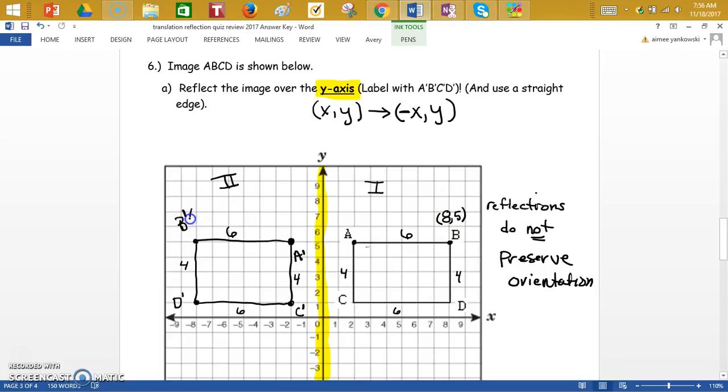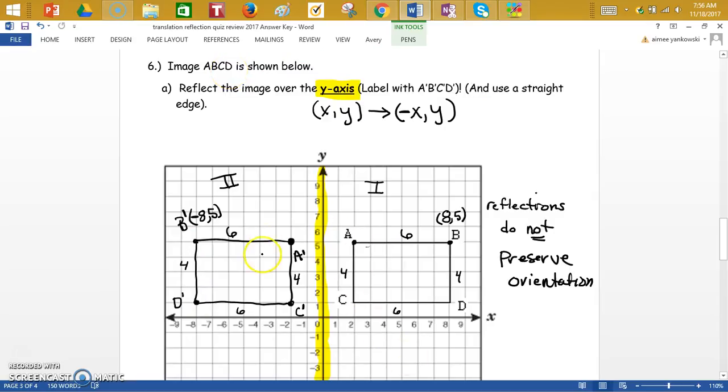Then I'm guaranteed B prime, we just change the sign of x and we get to keep the sign of y. So let's just check, is that (-8, 5)? It sure is, because that's the rule for reflecting over the y-axis.